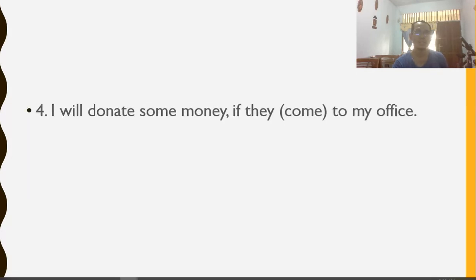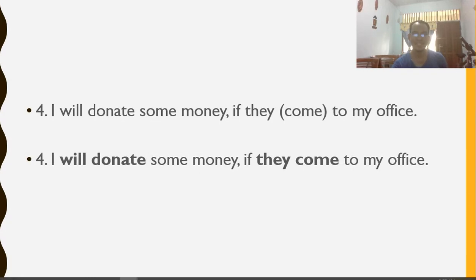Next number, I will donate some money if they come to my office. Okay guys, remember that in conditional, the if clause can be put in the beginning or in the end of the sentence. So for number 4, I use the if clause at the end of the sentence. So what is your answer? Is it like this? I hope so. Good, if your answer is like this.